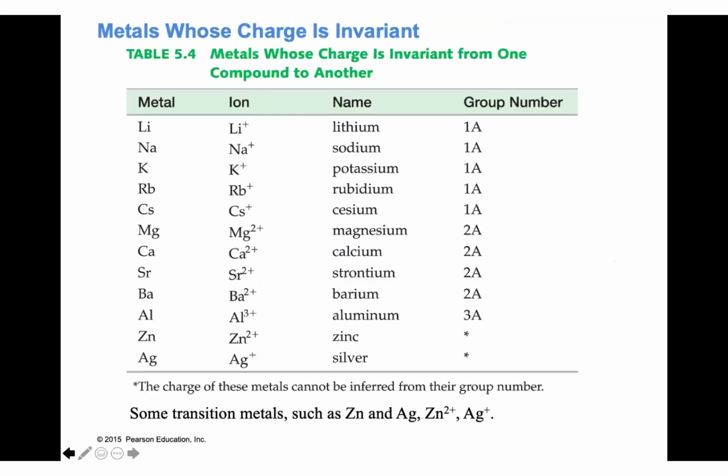This is the summary of the charges we should basically memorize, which I had in the previous table. I just want to emphasize that zinc always has a 2 plus, and silver always has a 1 plus. So these two are also part of the one type of charge.